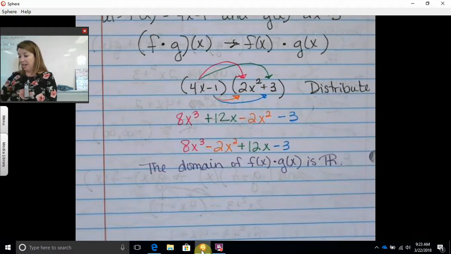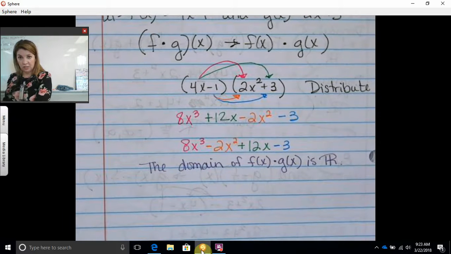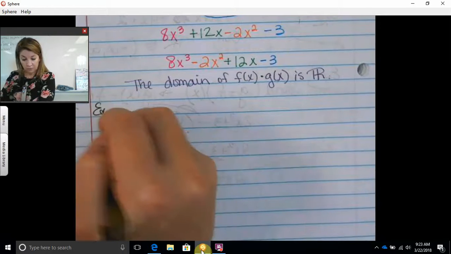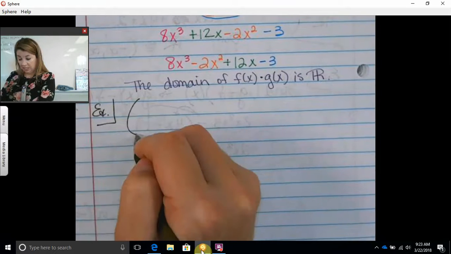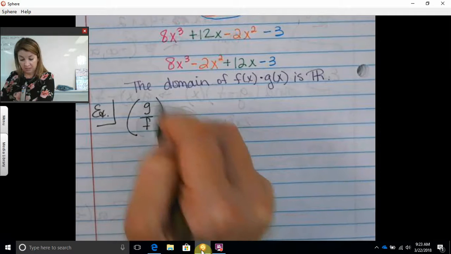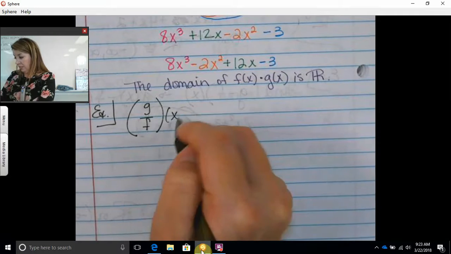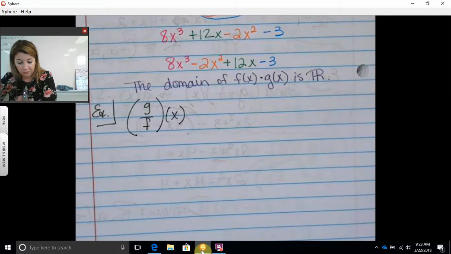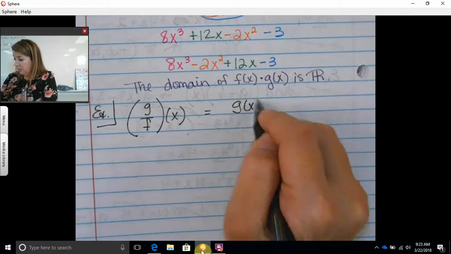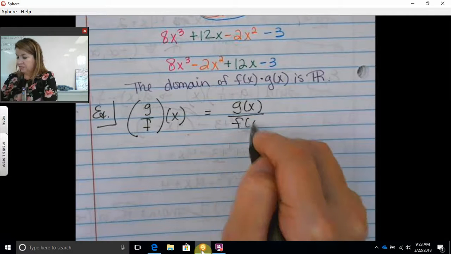So now we're going to divide. Same function f, same function g. So you might see it like g divided by f in parentheses, and then a little x out beside it. That means g of x divided by f of x.